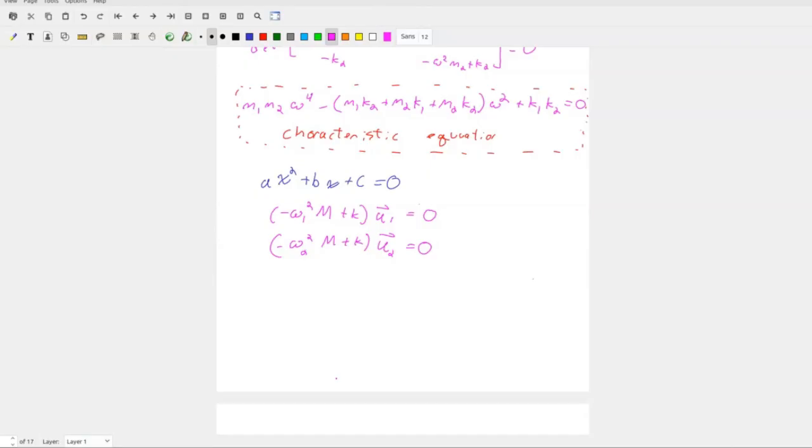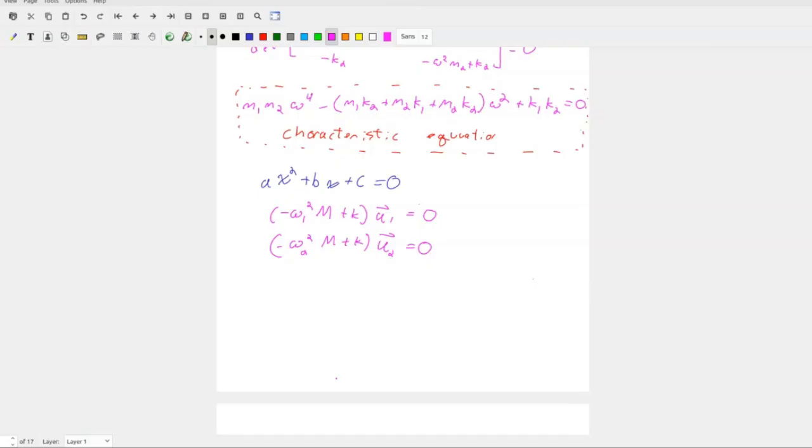So the direction of our u1 and u2 are obtained by solving the expression above. However, the information regarding the magnitude is not contained in this expression, right? The mode shapes are just shapes. Remember that. There's no information about the magnitude of the shapes. The mode shapes are just shapes.